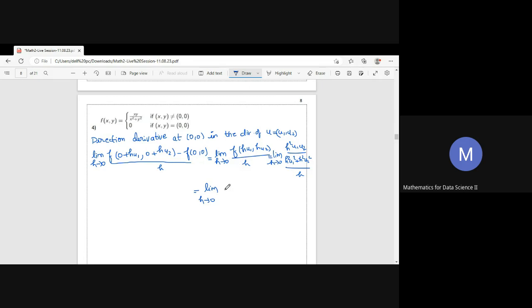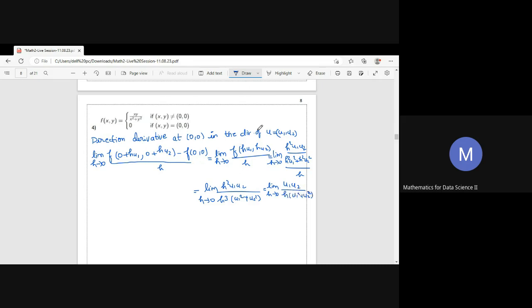The h squared u1 u2, you can consider as h by 1, so this h actually comes here. Then you will get h cube u1 squared plus u2 squared. So this becomes the limit as h goes to 0 of u1 u2 all divided by h into u1 squared plus u2 squared.